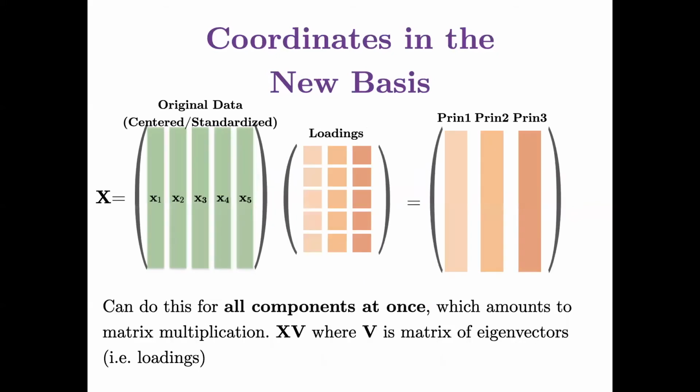And we can do this for all the components at once, which amounts to matrix multiplication. We multiply our data matrix, either centered or standardized, by our matrix of eigenvectors, which are the loadings. And on the other side, we will get our new set of coordinates. You see this has the same length as my original data because I have one coordinate for every observation.